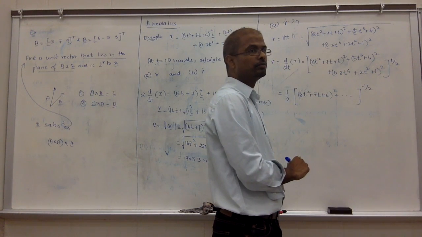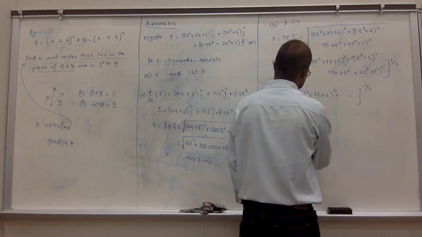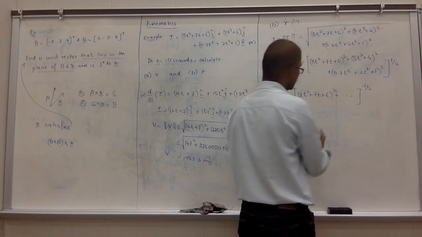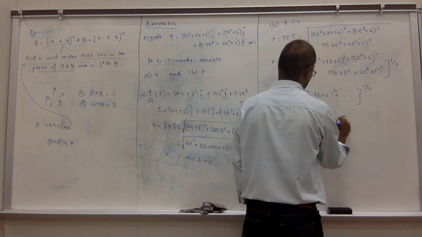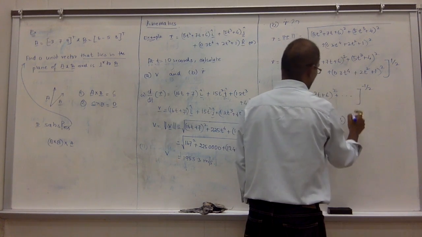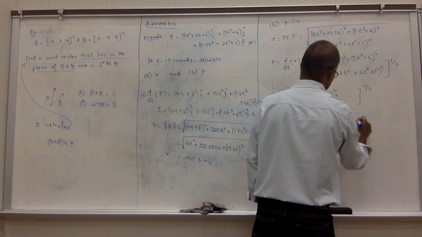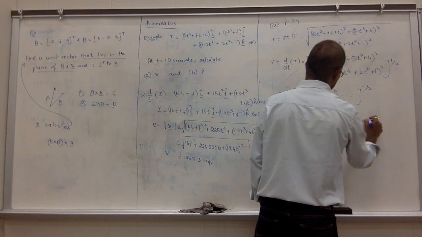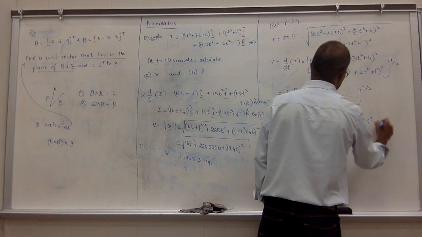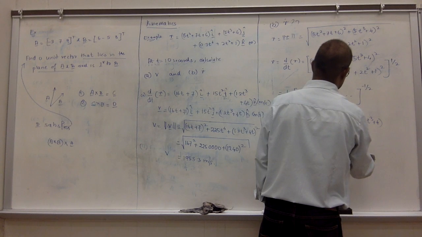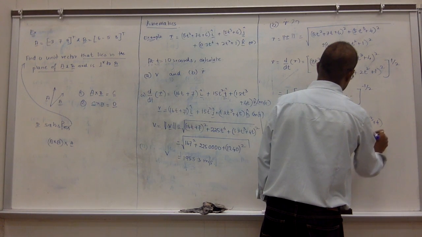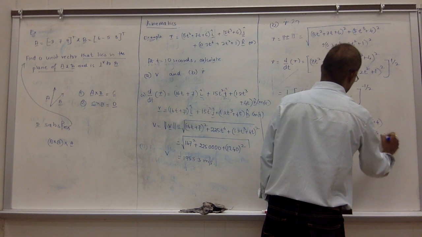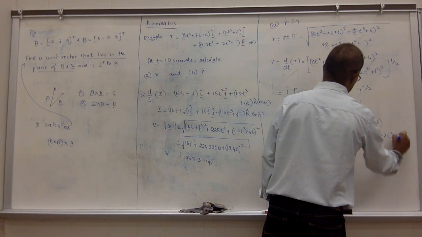So the magnitude is into 2 times (8t square plus 7t plus 6) plus 2 times (5t cube plus 4) plus 2 into 0.3 t to the power of 4 plus 2t square plus 1.